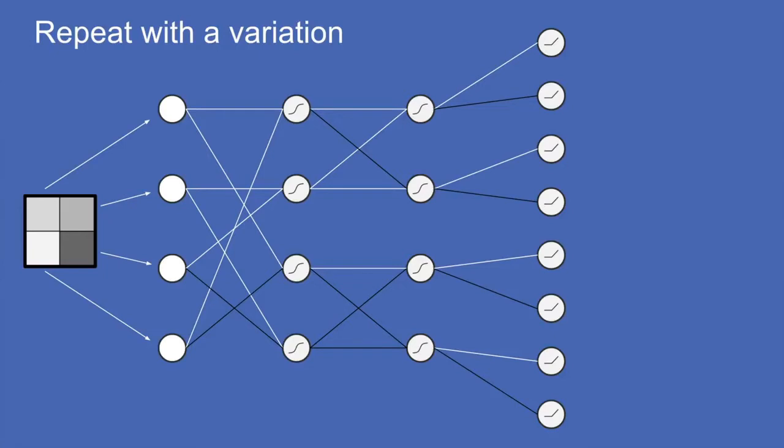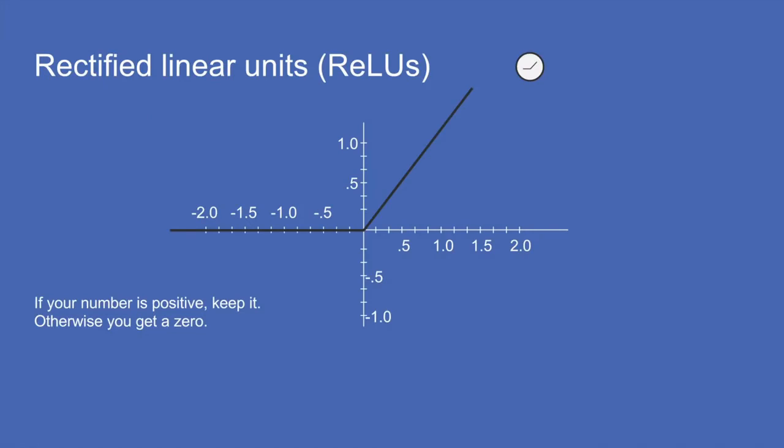So just to mix things up, we'll create a new layer, but if you notice, our squashing function isn't there anymore. We have something new called a rectified linear unit. This is another popular neuron type. So you do your weighted sum of all your inputs, and instead of squashing, you rectify it. So if it is negative, you make the value 0.